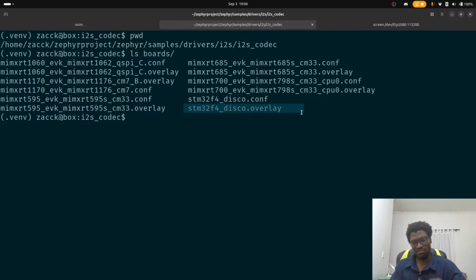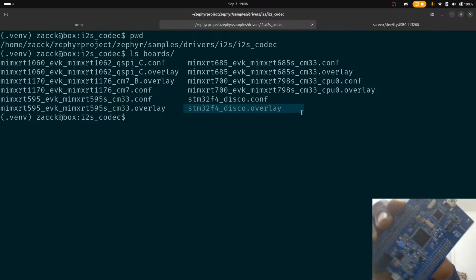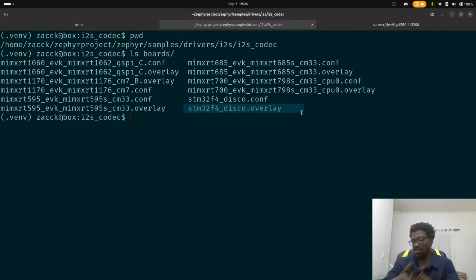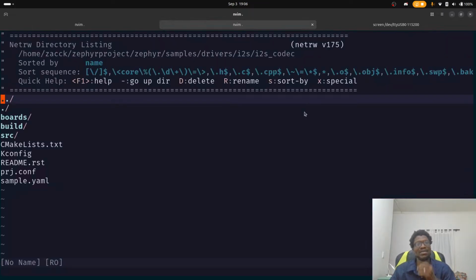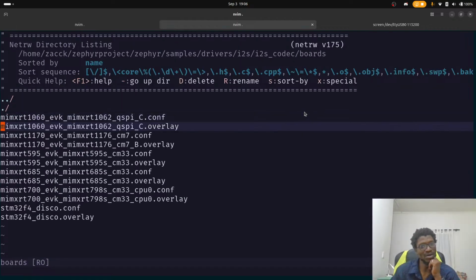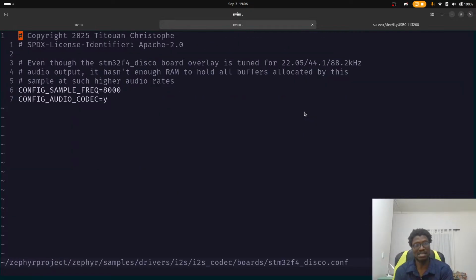This one. Yeah, that's the one I'll be using. It's hooked up and all. And I think, if I remember correctly, whoever wrote this board overlay warned us that this doesn't work. So, let's look at it.